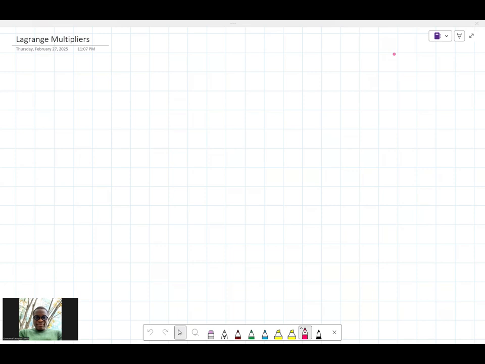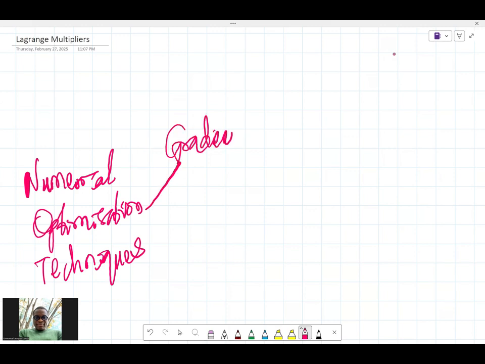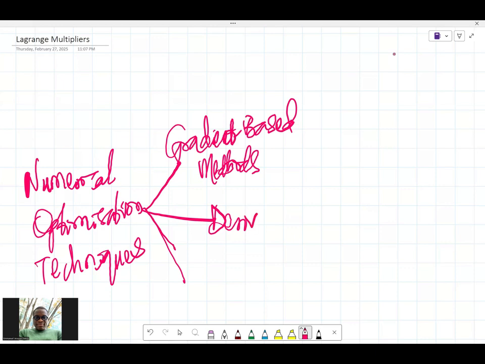As you know, in this series we've been talking about numerical optimization techniques. So far, we have seen the gradient-based methods and derivative-free methods.